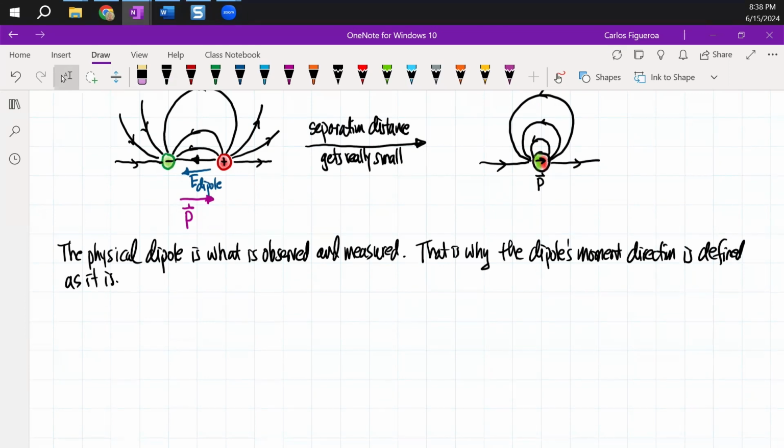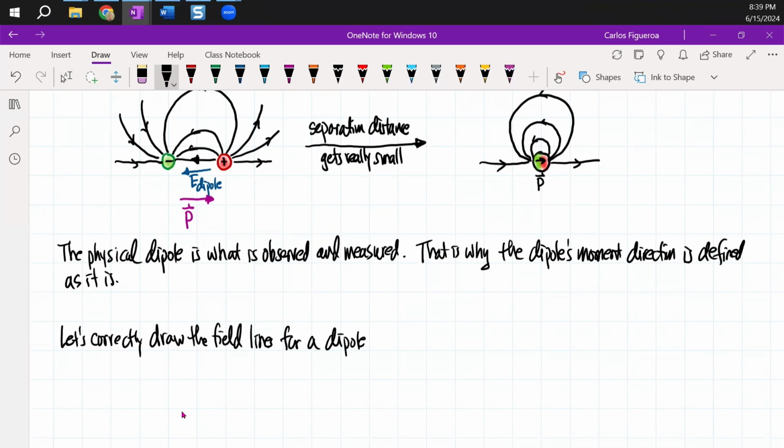Now, what I want to say here is that let's correctly draw the field lines for a dipole, since it's easy to misconstrue it.